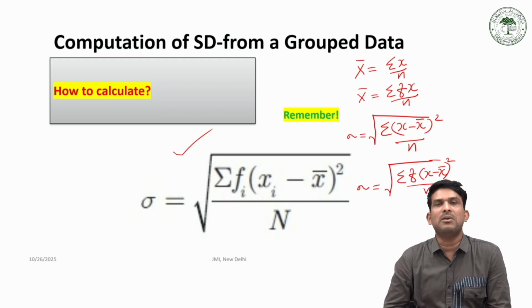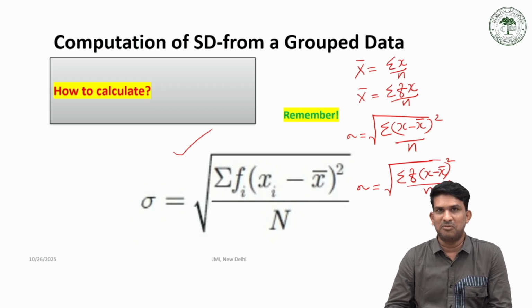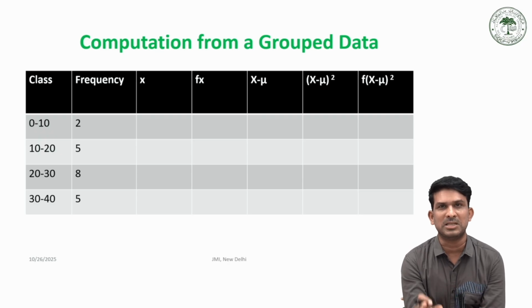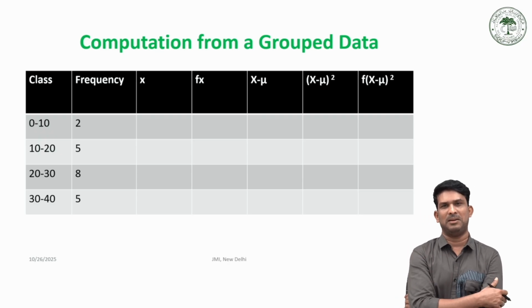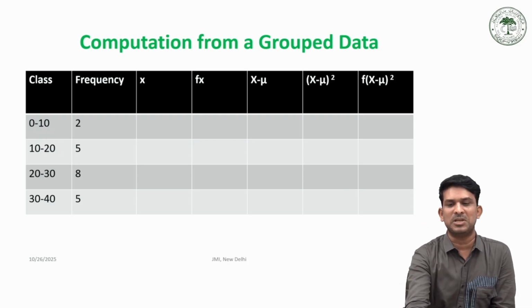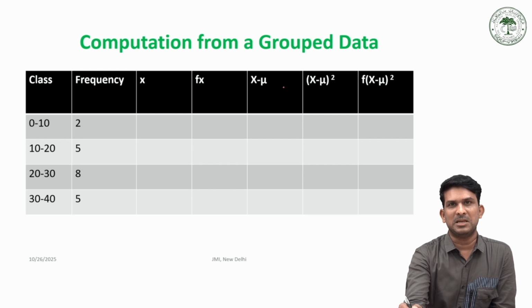Yeah. Now let us come to the calculation of standard deviation for a group data. See, I've mentioned all the terms that we have to identify. Don't confuse. Instead of AM, I have used mu, which represents arithmetic mean.